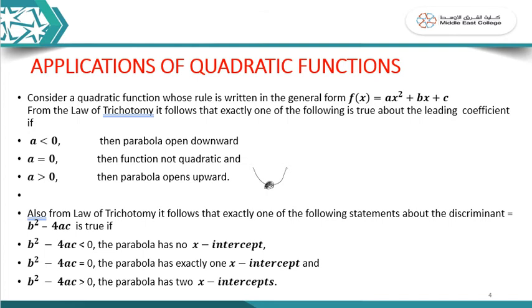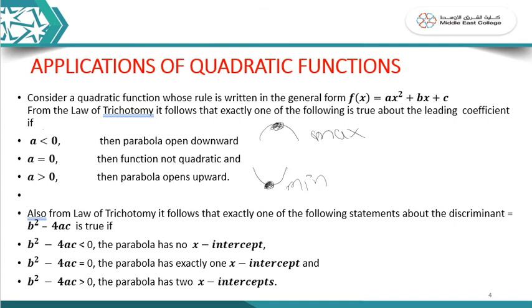If a is negative, that means it will open down, and we call this point a maximum point. So this point is called the minimum point, and this point is called the maximum point.